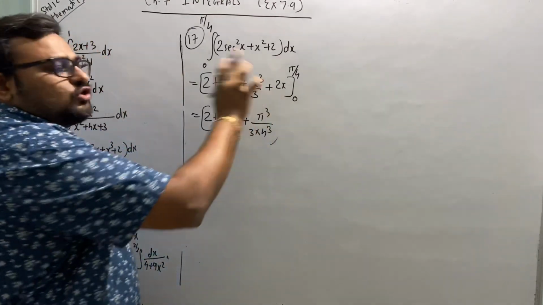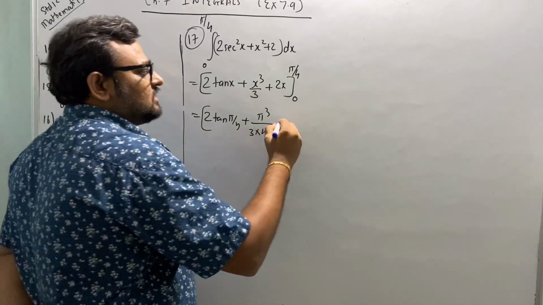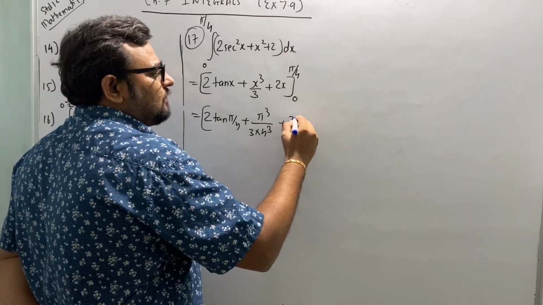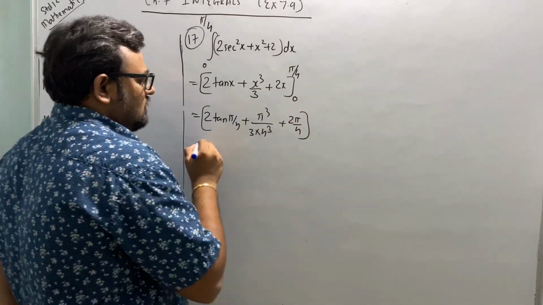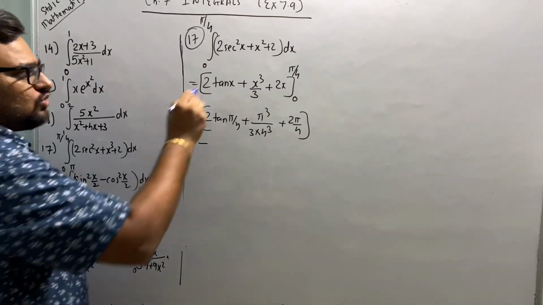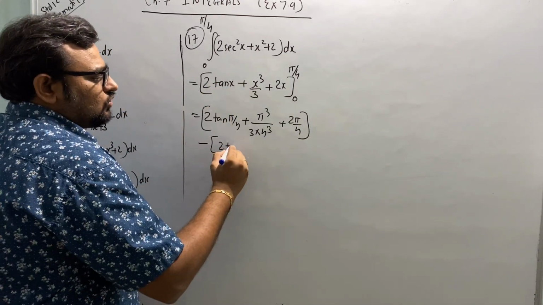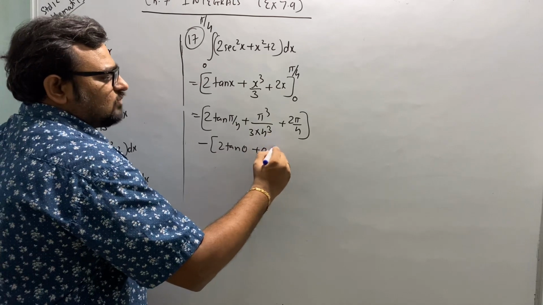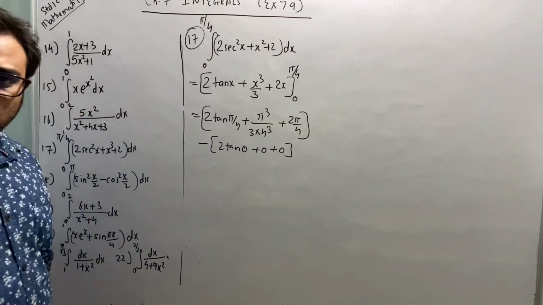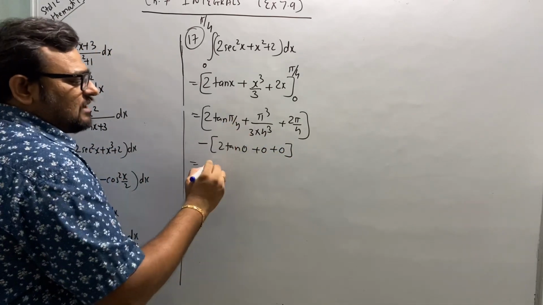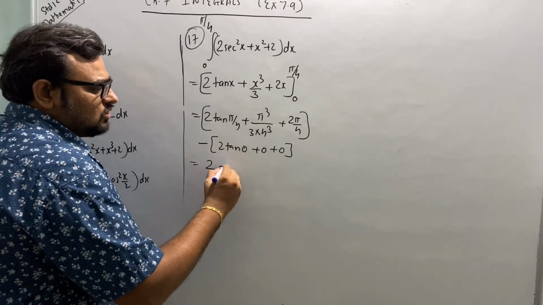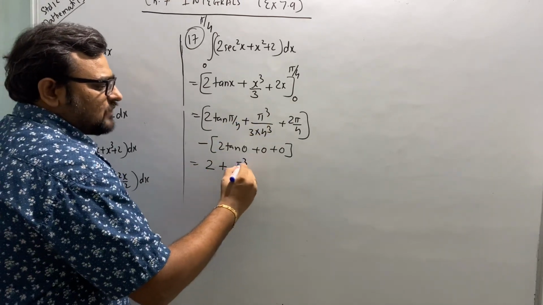This is pi by 4 cube plus 2 pi by 4 minus, now I put 0, here I put 2 times 0 plus 0 plus 2 into 0, 0. So this will be equal to 10 pi by 4, 1. So it's 2 plus pi cube.